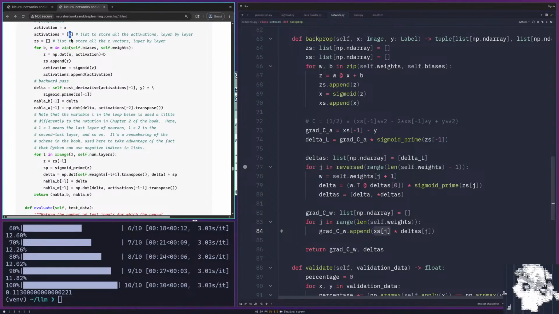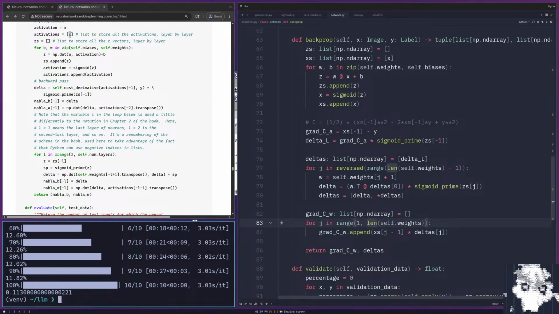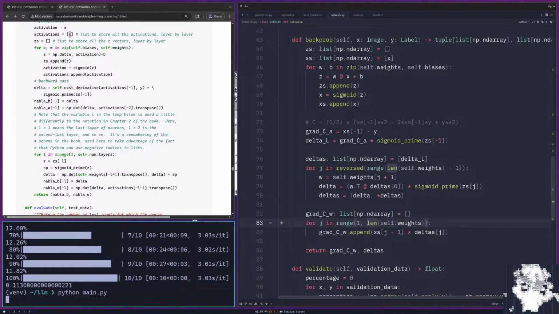So maybe you do need to start it with X. And I should be doing -1 here, and starting you at 1. I don't know. I'm just doing random stuff.